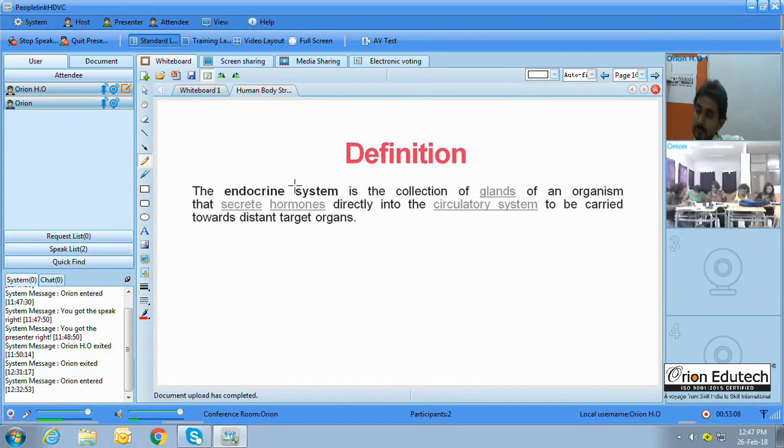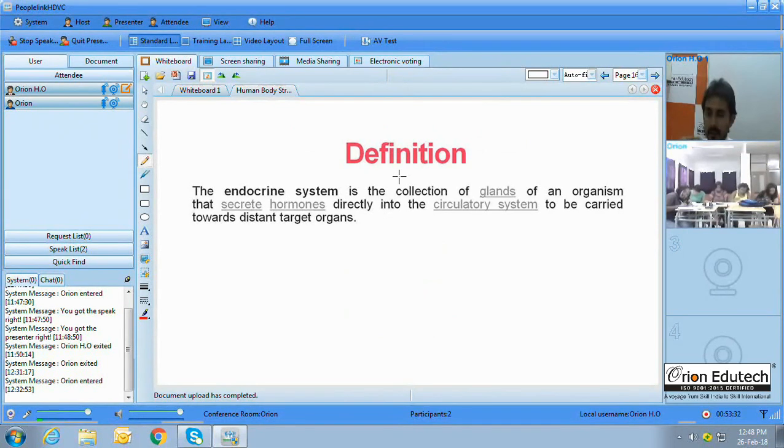The definition of the endocrine system is the collection of glands of an organism that secrete hormones directly into the circulatory system to be carried towards distant target organs.